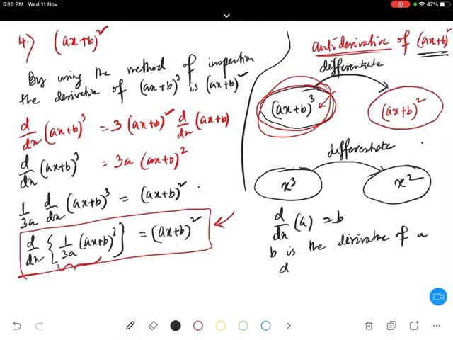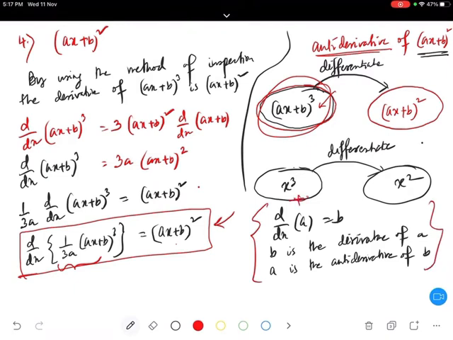Now if I look at this again, I can write it like this: a is the antiderivative of b. B is the derivative of a. In the same way we can say that a is the antiderivative of b. This is very, very important.